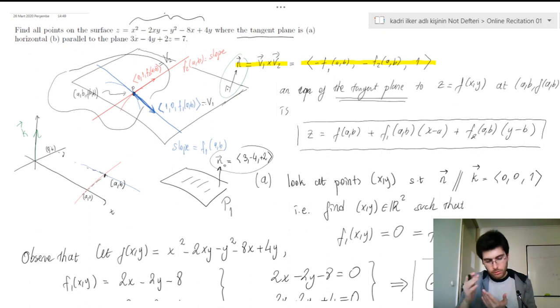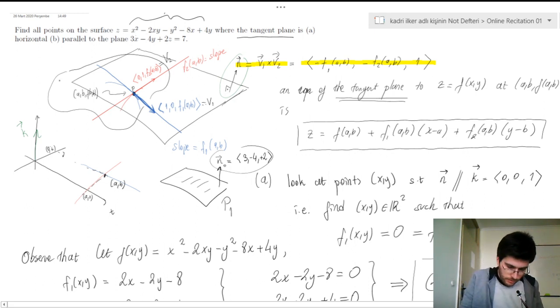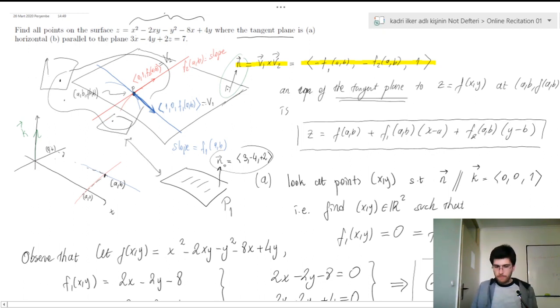For part A, it is horizontal, so it is parallel to the xy plane, and at some other point we have another tangent plane which is exactly parallel to this one, for instance. Okay, so this is the story. I guess we are done.